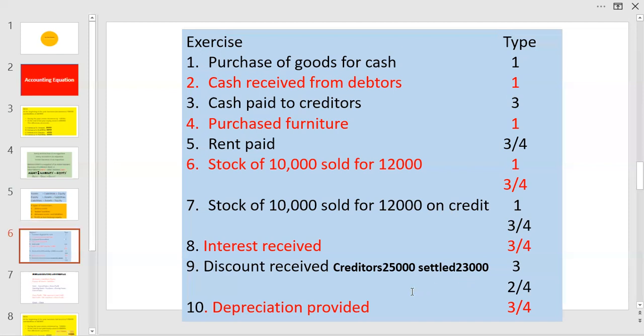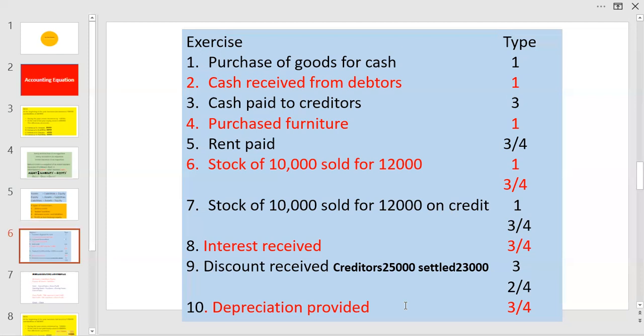10th one, depreciation provided. No cash involved, but an asset comes down by whatever the depreciated amount, and it is a loss. So loss belongs to equity. So asset comes down and the equity as well. These explain the movements between accounting equation.